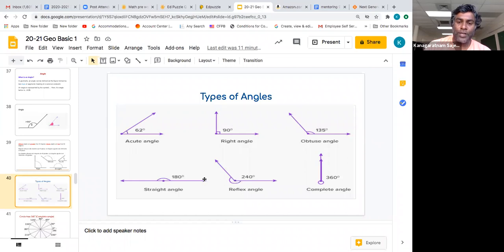If you draw a straight line over here, the bottom part is 180 degrees plus that extra degree, which is more than 180 degrees. Now, a complete angle: if you are in a circle, start from one point, circle around and come back to the same point, it's 360 degrees. That's called a complete angle. Let's say you have a clock, all right?